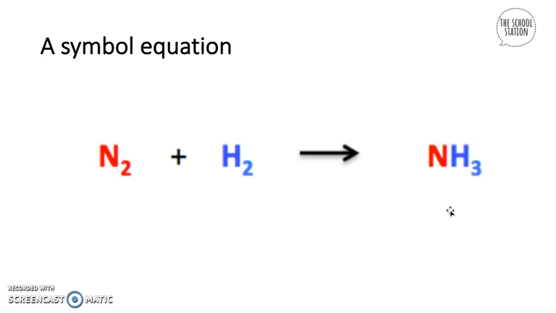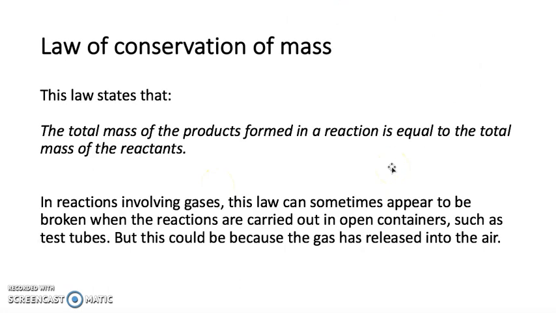And even for the hydrogen, you can see there is 1 extra atom. Well, it's because of the surroundings, because the reaction could have happened in open containers like test tubes. So you have to understand that it's about how the reaction was taking place as well. This is why, in reactions containing gases like this one, the law can sometimes appear to be broken.